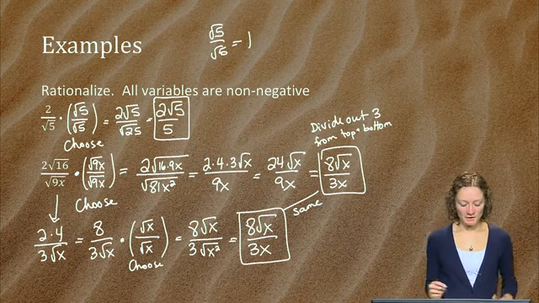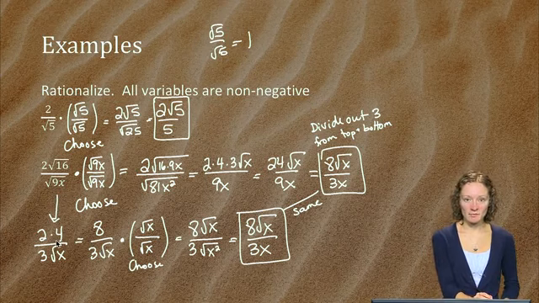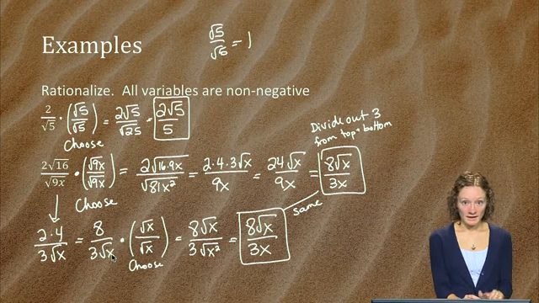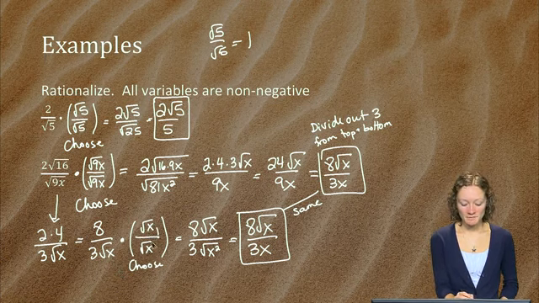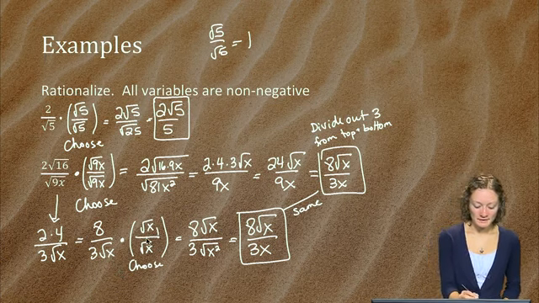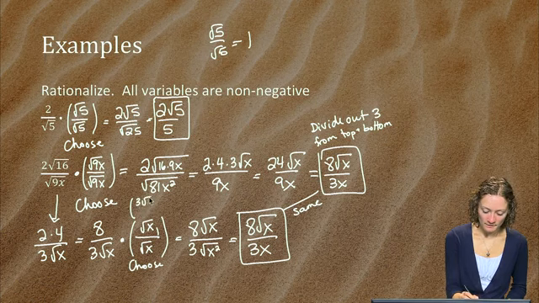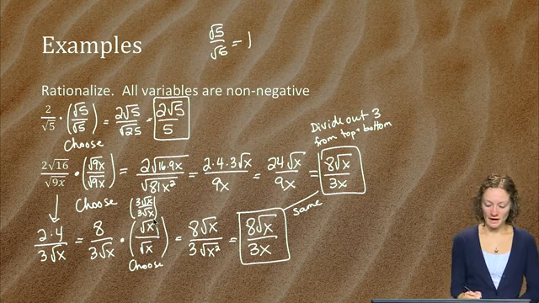Another common question is, at this stage, let's say I started out by simplifying, and I got here to this 8 over 3 square root of x, but then I chose something different. What if I chose instead to multiply by 3 square root of x? What if I chose the exact denominator? What would happen?